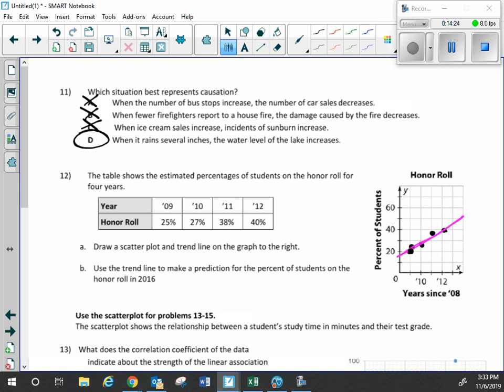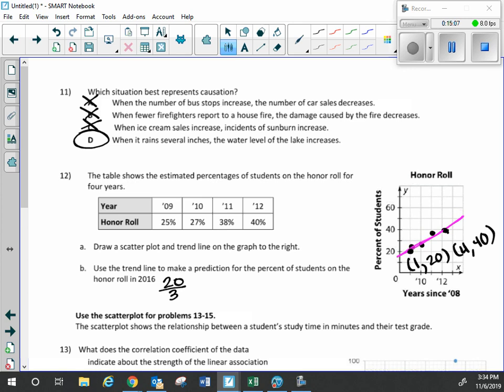If I use this point right here, so years since 08, that would be 1 year, and 20, and then used this point here at 2012, so my slope would be 20 over 3.